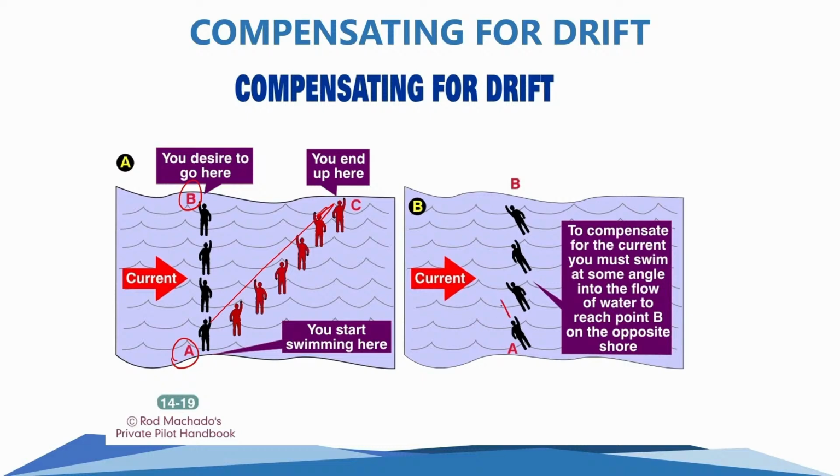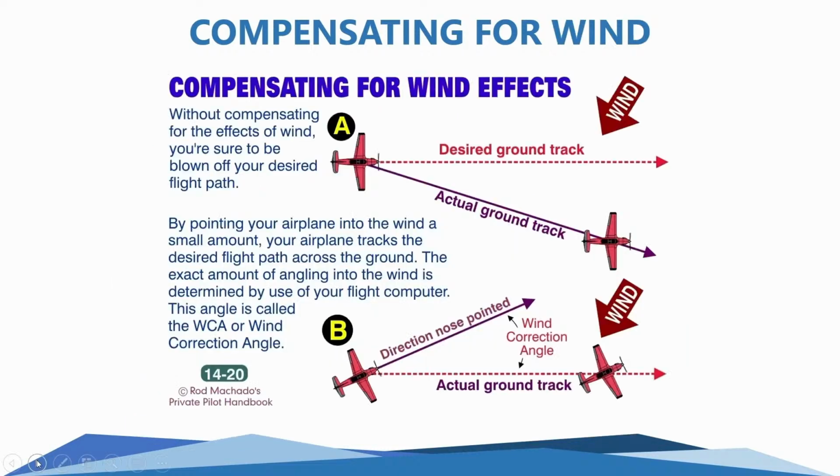In this case, the swimmer is basically crabbed into the current, or swimming slightly against the current. If you translate this into an airplane, the nose of the airplane would be slightly turned into the wind or the current in order to maintain a specific ground track, right? We always have the desired ground track, but just because the desired ground track might be 090 degrees, if the wind is strong enough, even a couple knots, it's going to start to blow me off course.